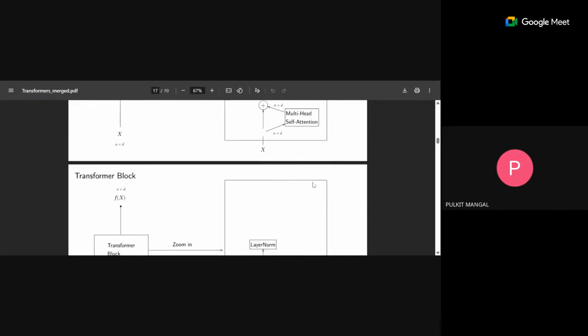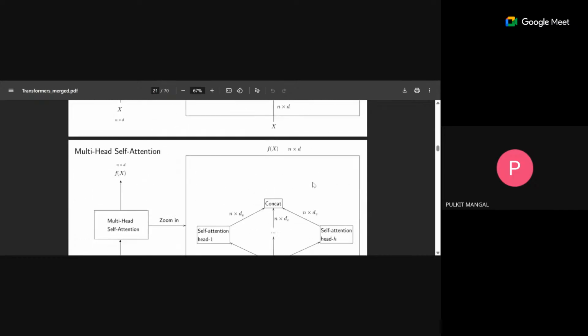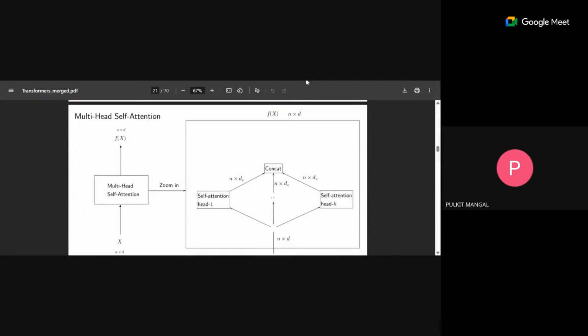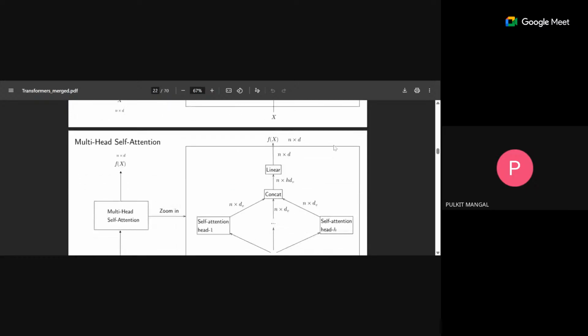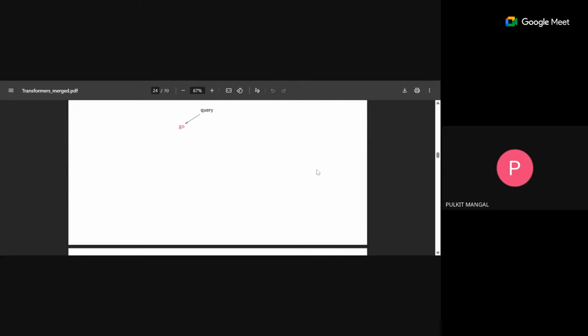But inside our multiple self attention blocks, we can do the parallel work, because these attention blocks do not depend on each other. It's just that their output has to be concatenated and then fed to the feed forward neural network part.